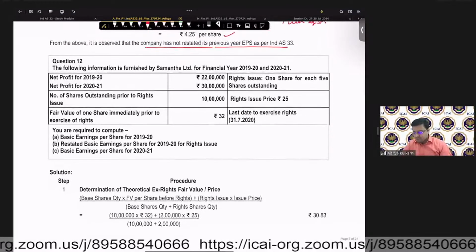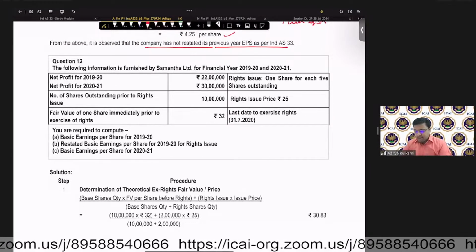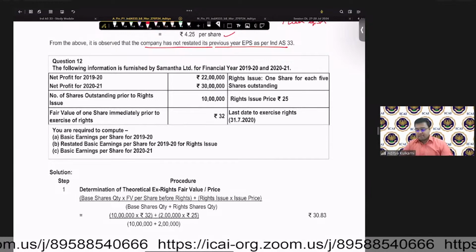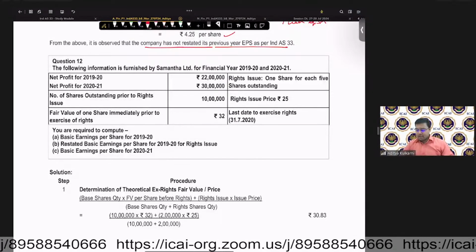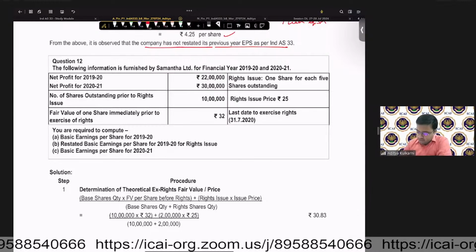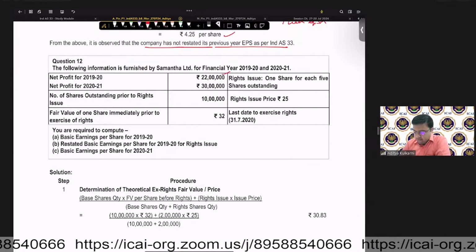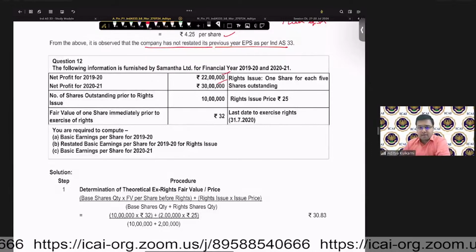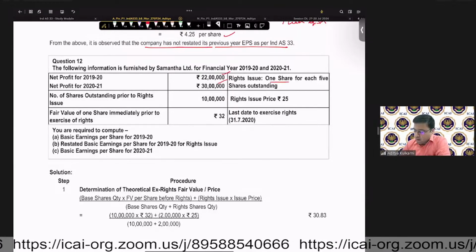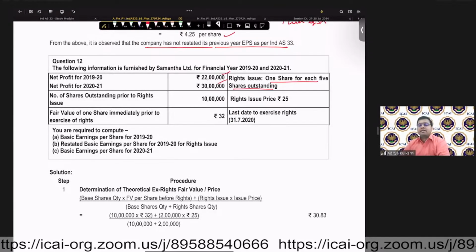Okay. So now the following information is furnished by Samantha Limited for the financial years 1920 and 2021. Net profit for 1920 is 22 lakhs. For 2021, you are given 30 lakhs. There is a rights issue of one share for every 5 shares outstanding.